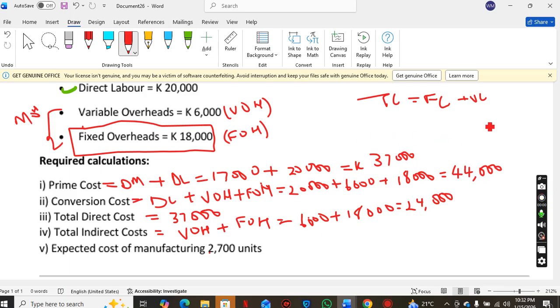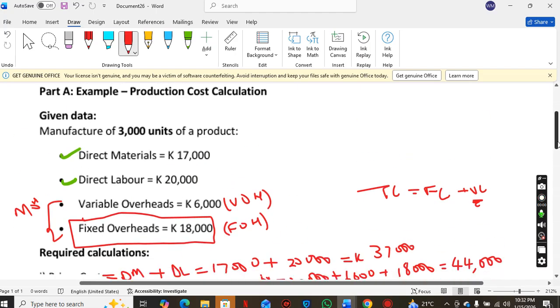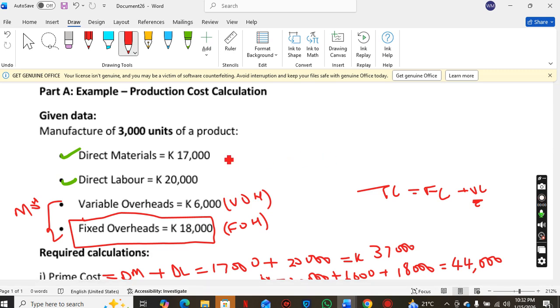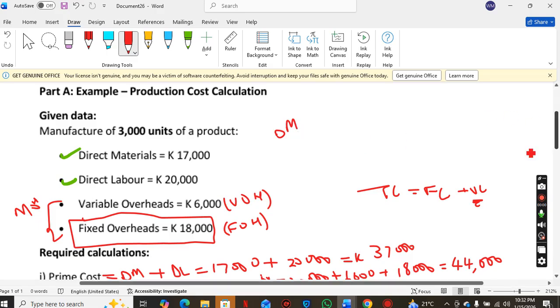So first things first, we need to tabulate our variable cost. Okay, so we look at our variable cost per unit. We've got direct materials, direct labor, and variable overheads.